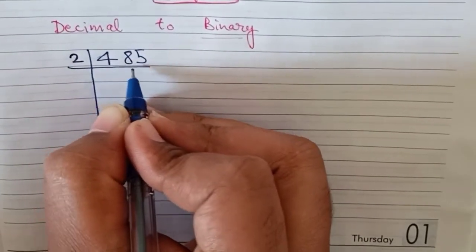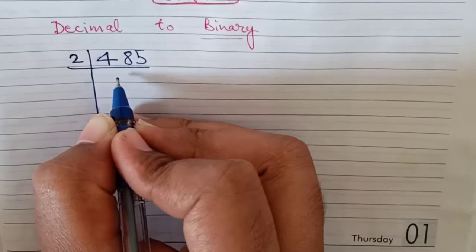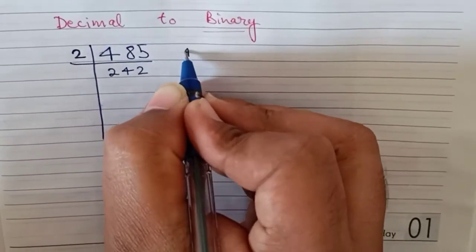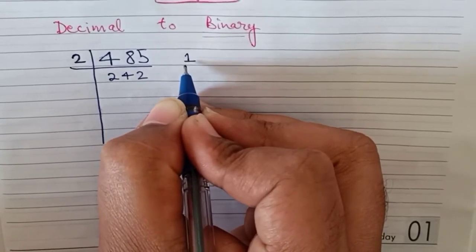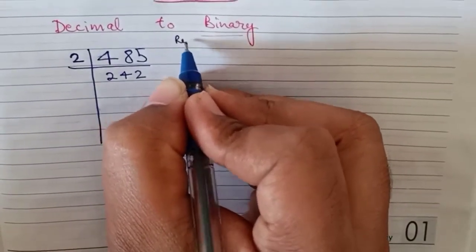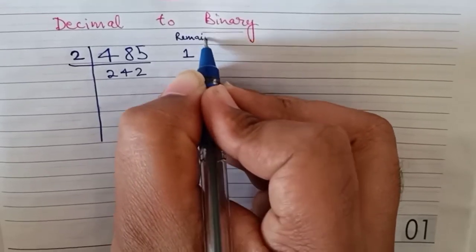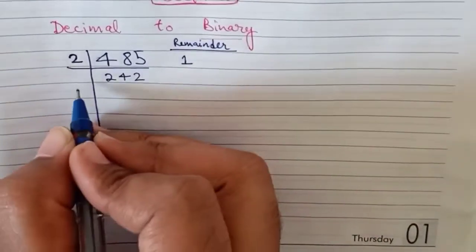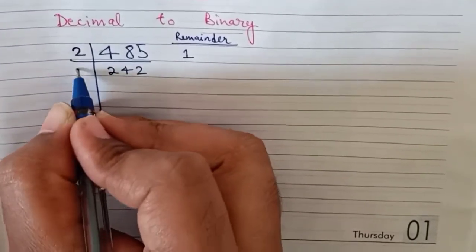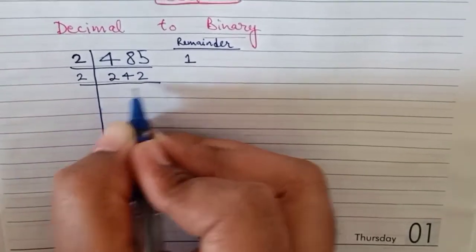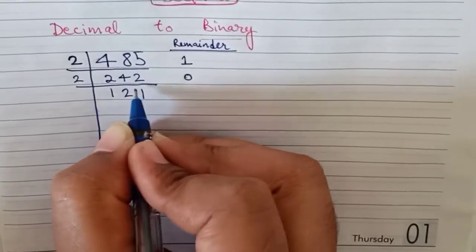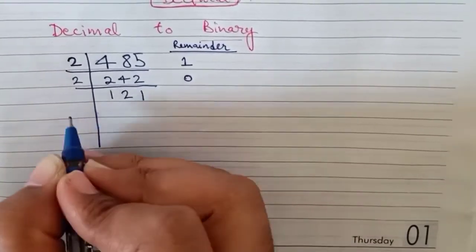Here we will get 242 and remainder 1. Let me write it here, remainder, so that you do not get confused. Now we will divide it again by 2. We get 121, and the remainder is 0 because it is getting totally divided by 2.